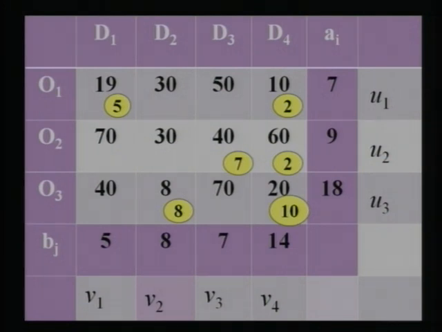In other words, if more yellow circles are present, we consider that corresponding variable to be 0. Here U1, for example, contains only 2 basic variables. The first row contains 2 basic variables, but the fourth column contains 3 basic variables. So I will take this V4 equal to 0. As you can see it is blinking, V4 is taken as 0.